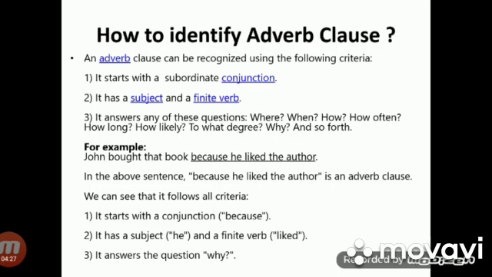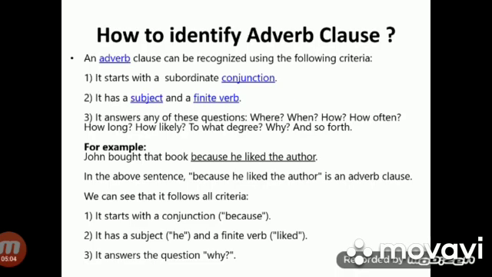An adverb clause can be recognized using the following criteria. First, it starts with a subordinate conjunction. Second, it has a subject and a finite verb. Third, it answers any of these questions: where, when, how often, how long, how likely, to what degree, why, and so on and so forth.